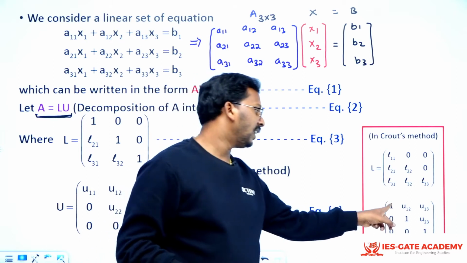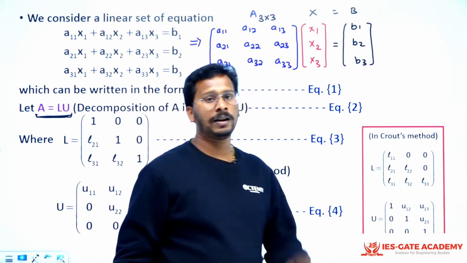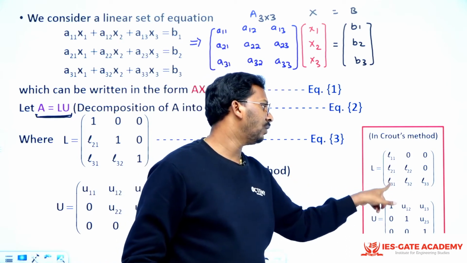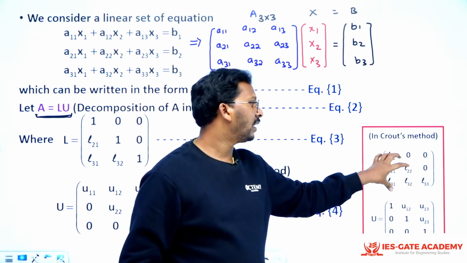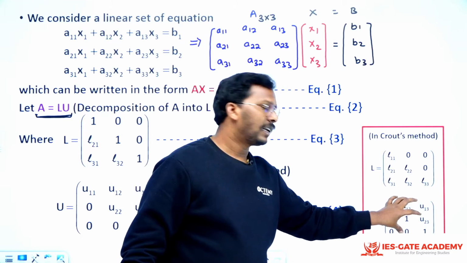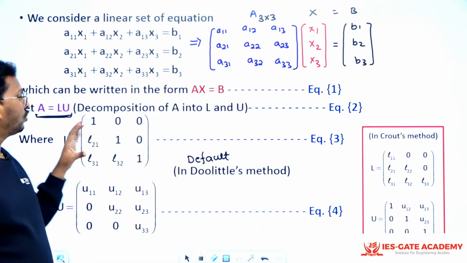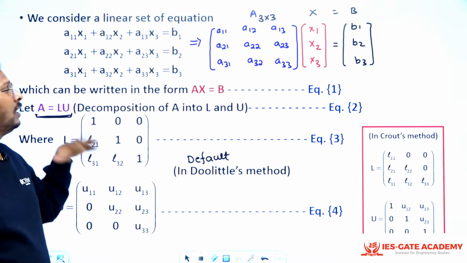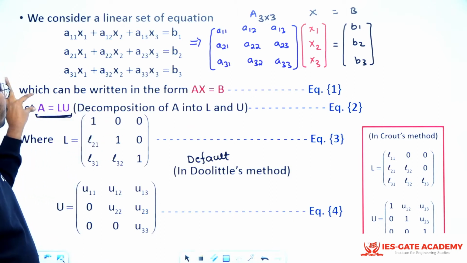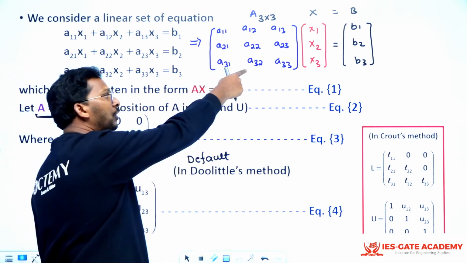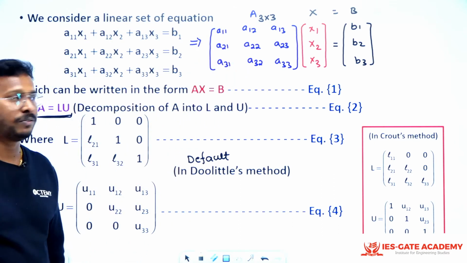That means the principal diagonal elements of U will become 1, 1, 1, and L will be l11, l22, l33, l21, l31, l32, a simple lower triangular matrix. By default, we'll be using Doolittle's method. Now let us see how to decompose a given matrix into an L matrix and a U matrix. A will be given to you because in the question he will give you the system of equations.